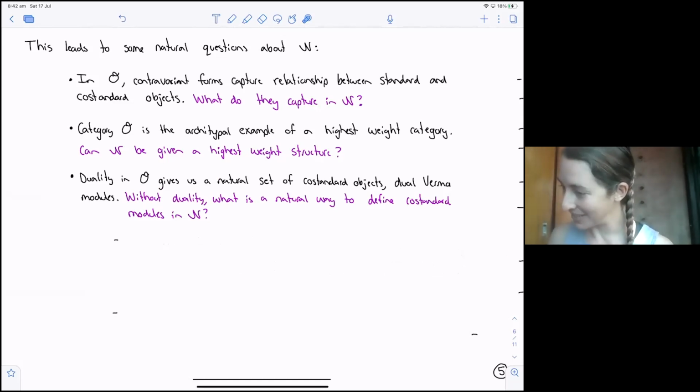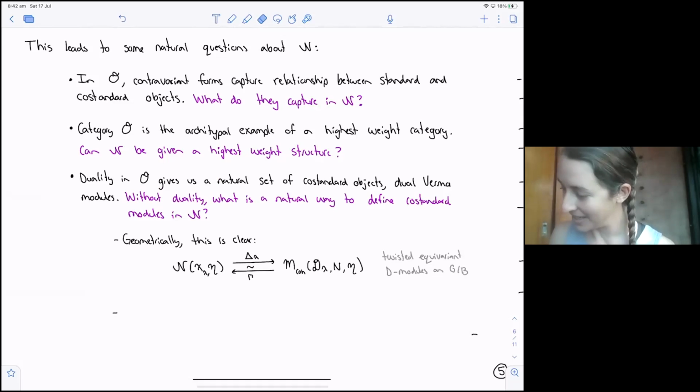One interesting thing about this last question is that it seems to completely disappear if we think geometrically. Geometrically, there's a D-module version of this category that we get by Beilinson-Bernstein localization. A block of this Whittaker category is equivalent to a certain category of twisted N-equivariant D-modules on the flag variety.